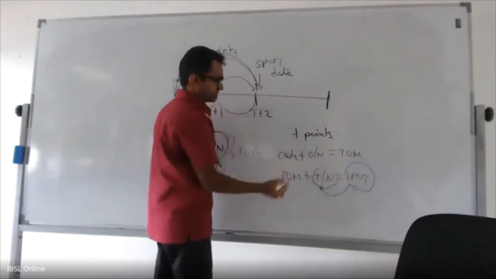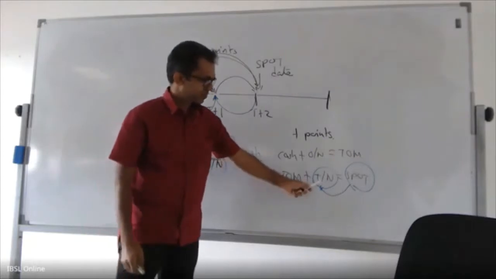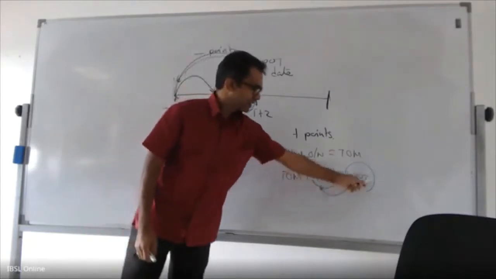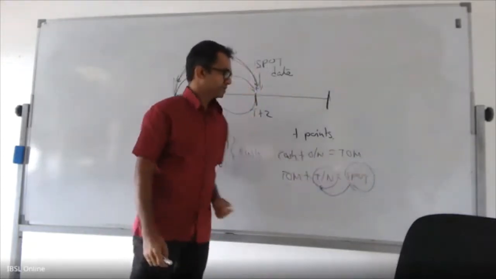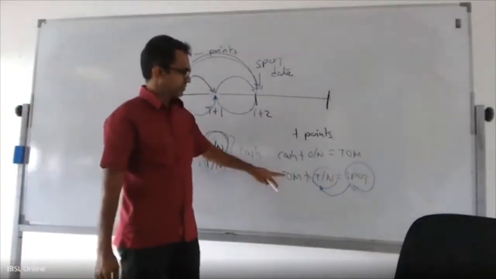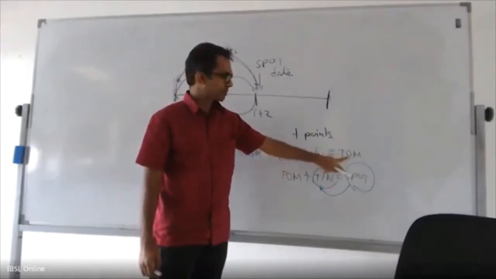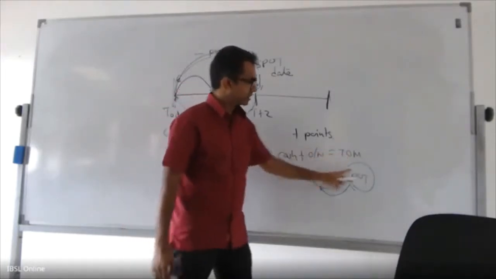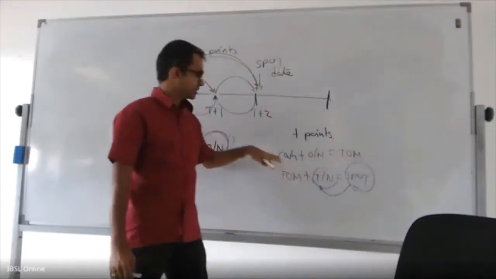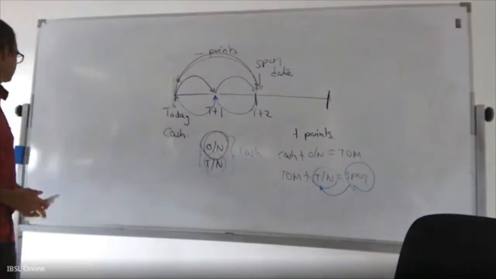We know these swap points, so we take them to the other side: spot minus TOM next. That will give you the TOM rate. Then you can substitute it in this place as the TOM rate. Then take this overnight to the other side, and you will get the cash rate. Did you get it?